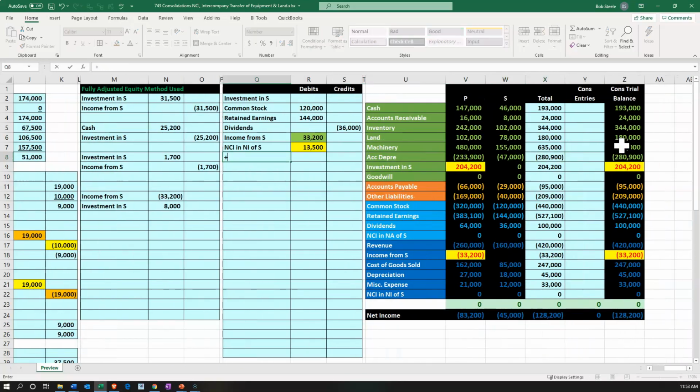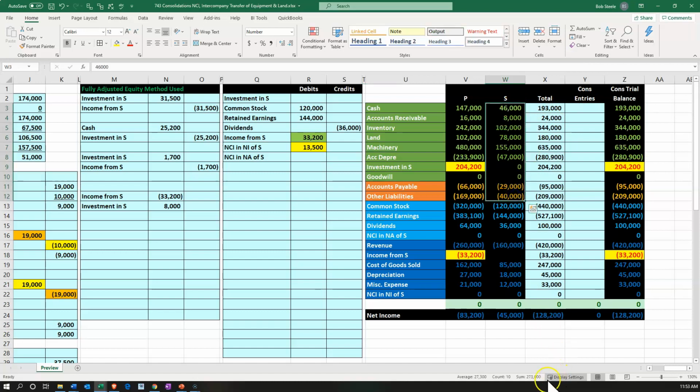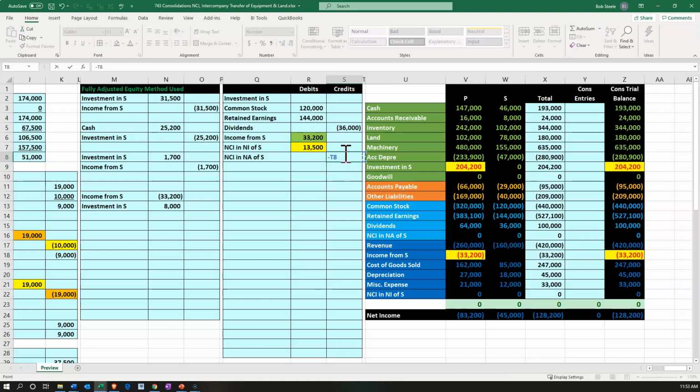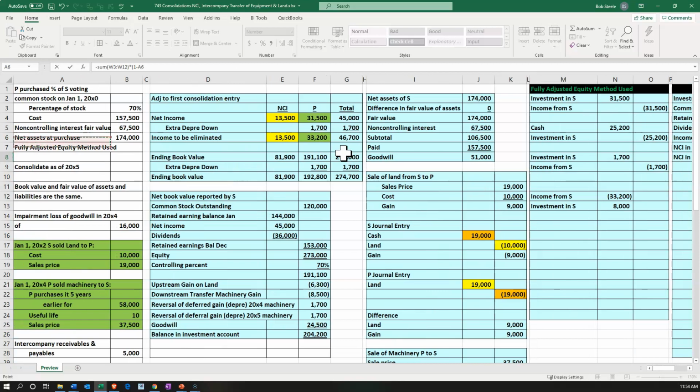Then we're going to take the non-controlling interest in the net assets, and that normally is calculated as net assets, either this, that's the 273, or this 273 times the non-controlling interest. So let's do that. It would normally be negative sum of assets minus liabilities times 1 minus the 70%, which of course would be the 30%.